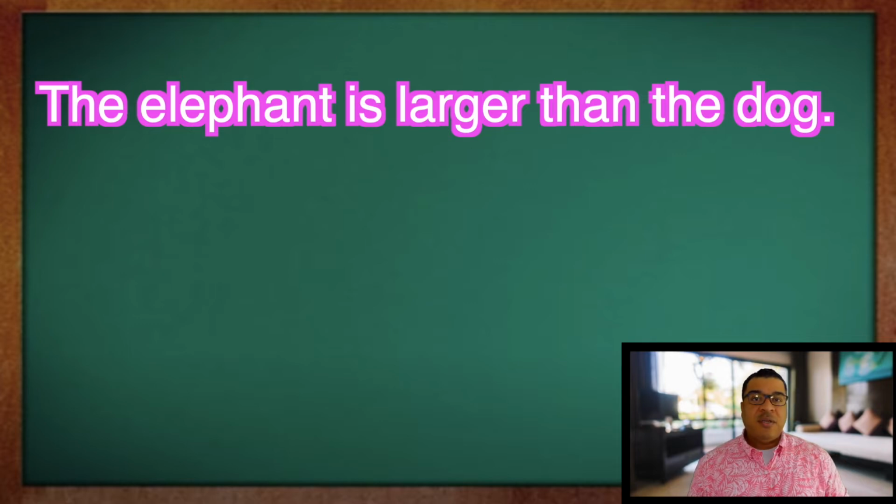So with comparatives, you're taking an adjective and changing the adjective just a little bit to compare two nouns. For example, the elephant is larger than the dog. As you see, large, we just changed to larger. Now there are three important steps to remember when changing the adjective.